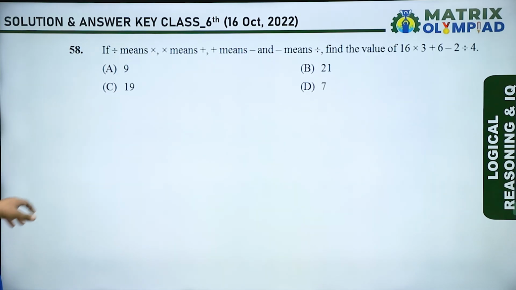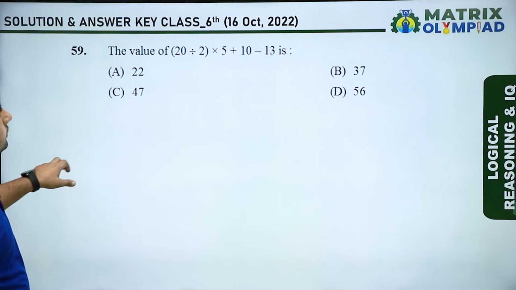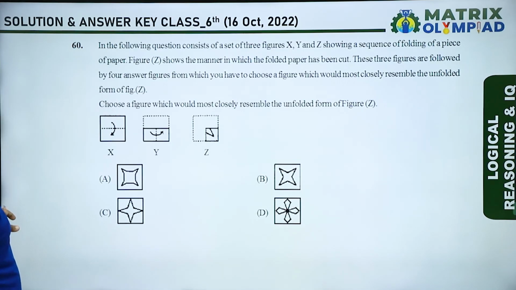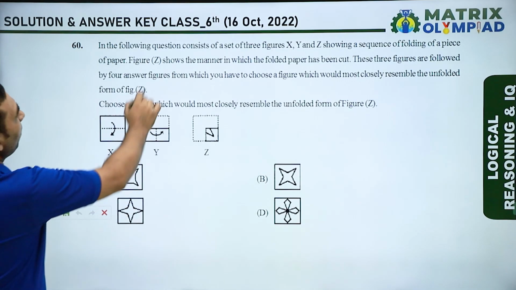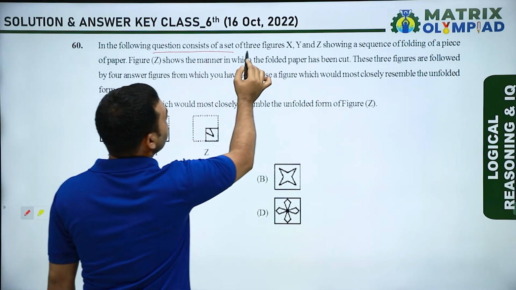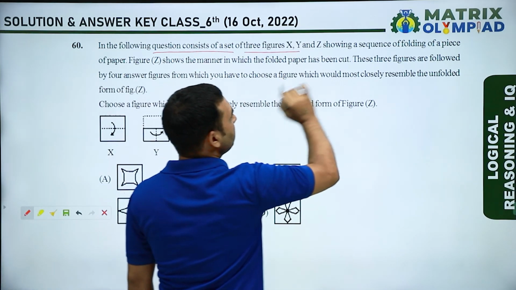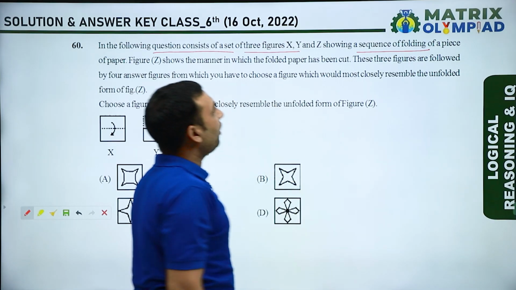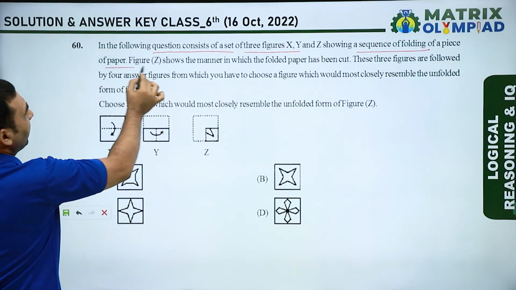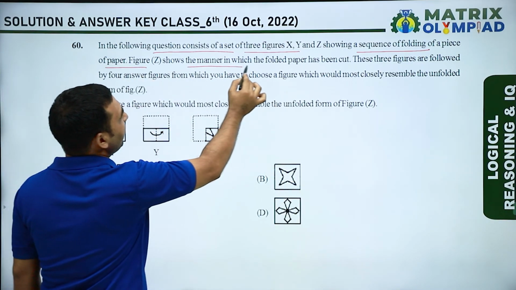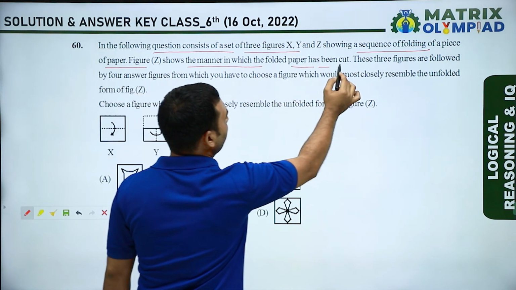Next question is, the following question consists of a set of 3 figures X, Y, Z showing a sequence of folding of a piece of paper, figure Z showing the manner in which the folded paper has been cut.